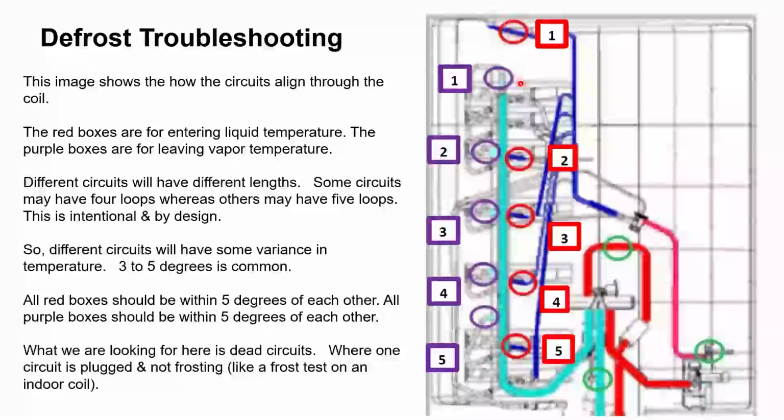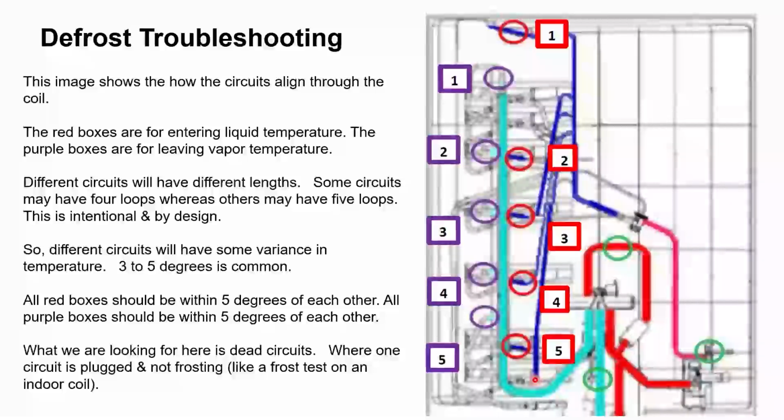And same with the blue side on these red circled areas. All of these should be within about 3 to 5 degrees of each other. Our coils are pretty balanced. Okay. You might find a defrost problem in circuit 5 here, the bottom circuit that our coil temp sensor is on, that never freezes up.